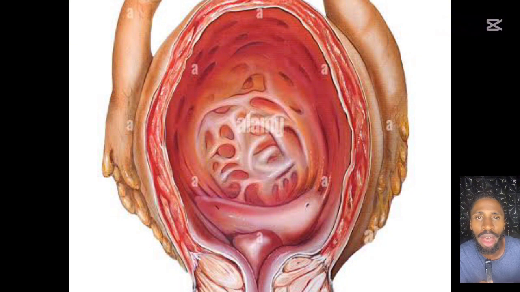Now anytime there is urinary retention, when there's a high amount of urine in the bladder, maybe due to enlargement of the prostate or obstruction of the urethra, what happens? The bladder will become big. When it becomes big, the muscular wall of the bladder will begin to increase in size, and the bladder will become hypertrophic.